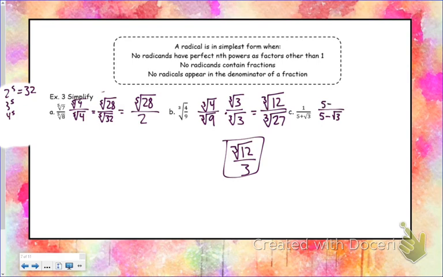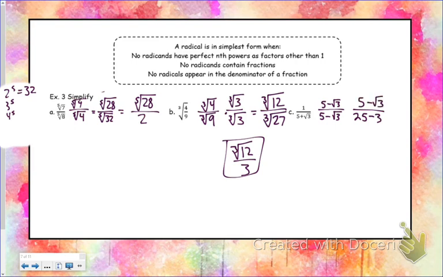The reason I'm picking the conjugate is because when you FOIL this out, okay, I'm going to do 5 times 5, which is 25. But when I do 5 times negative root 3 and root 3 times 5, then those are going to cancel out because basically this ends up being a difference of squares. So all I have at the bottom is 5 times 5 minus root 3 times root 3.